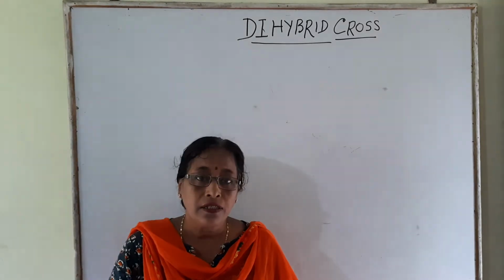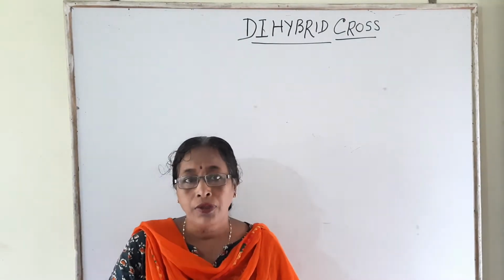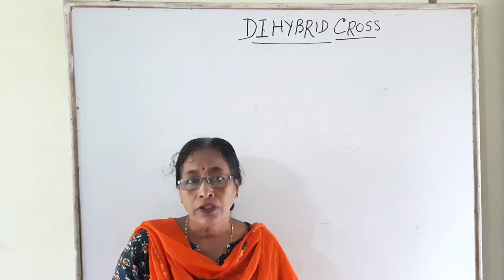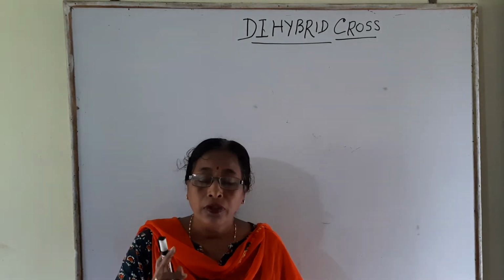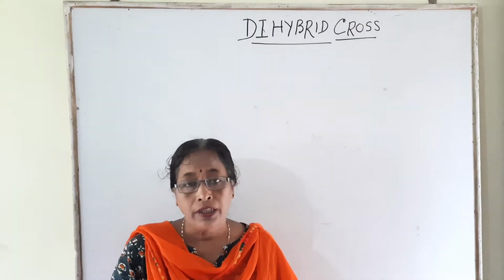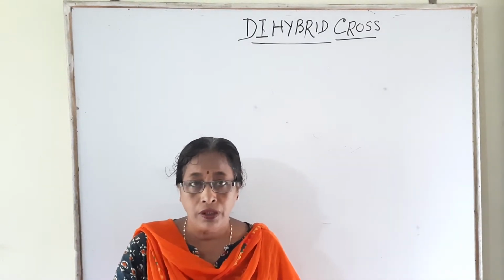In the previous class, we learnt about monohybrid cross. That was a classical experiment of Mendel which led to the formation of the first law of Mendel, that is the principle of dominance.